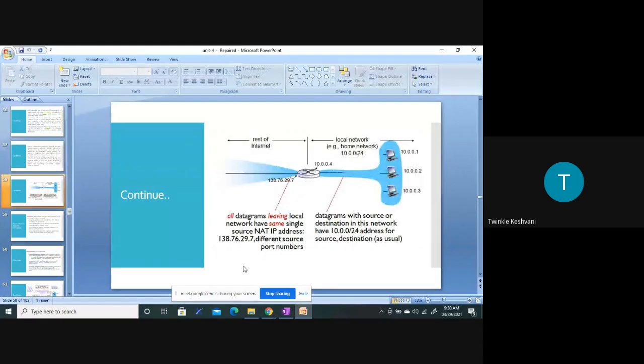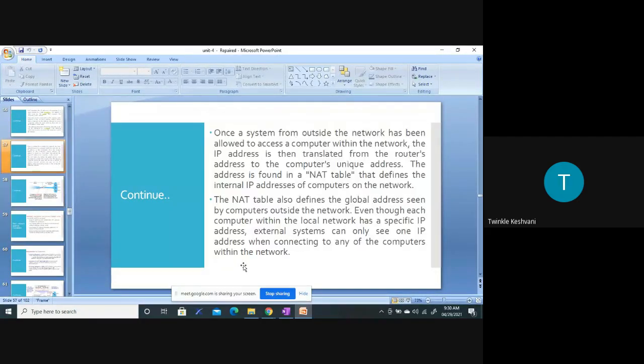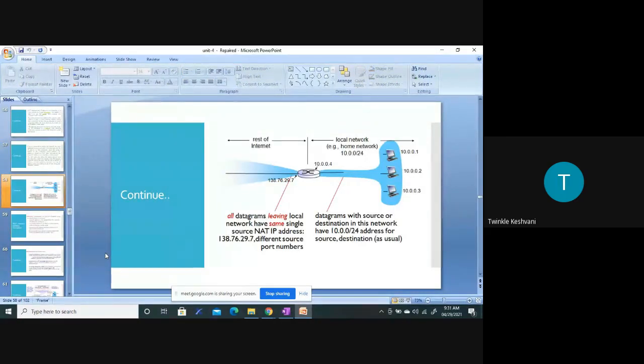As I said, just like a forwarding table and a routing table, NAT also has its own table. It is called the NAT table, and it keeps a record of the internal IP addresses which are there on the network. So it keeps a record of all that. You can see here that all IP datagrams leaving the local network have the same single source NAT IP address.